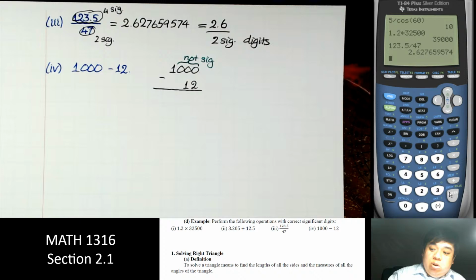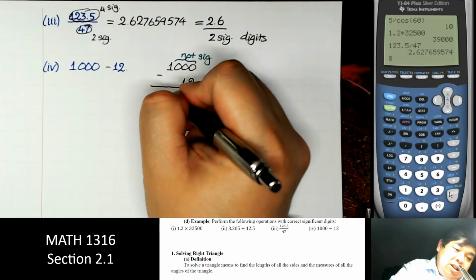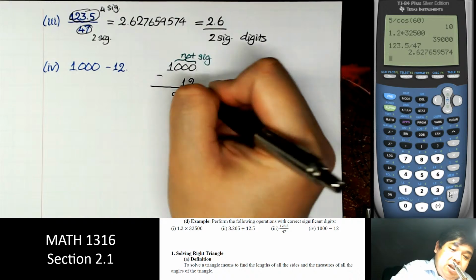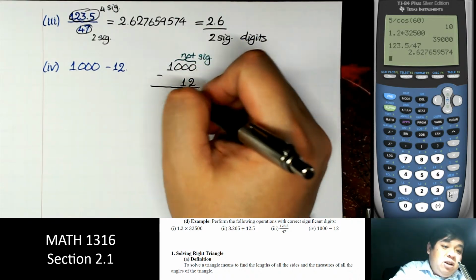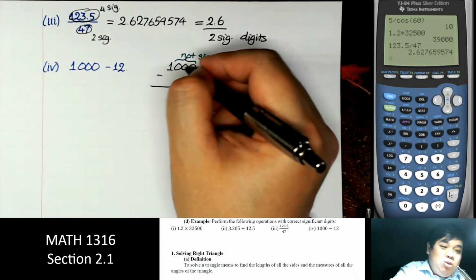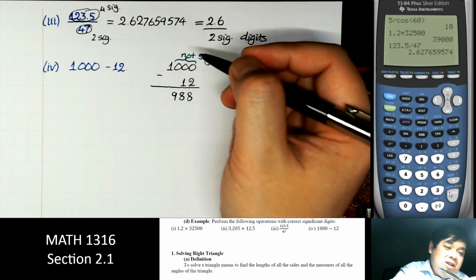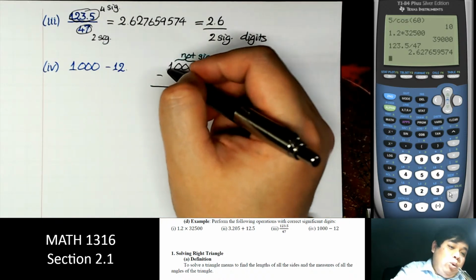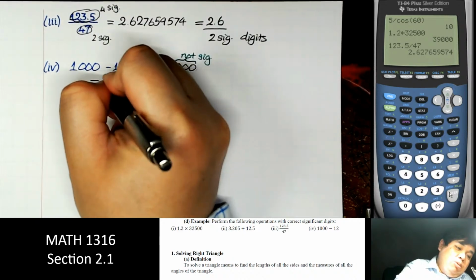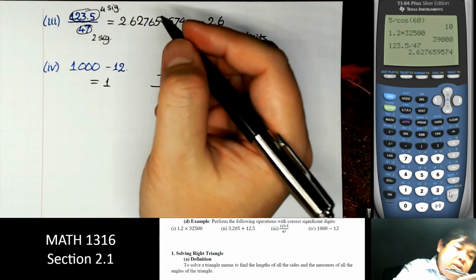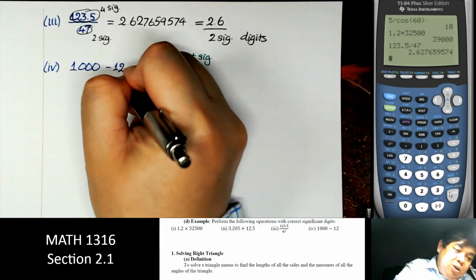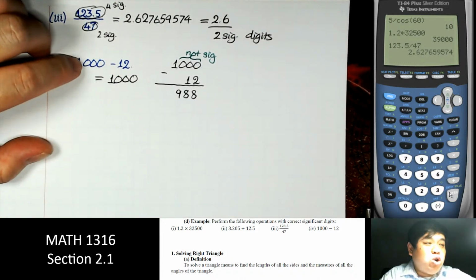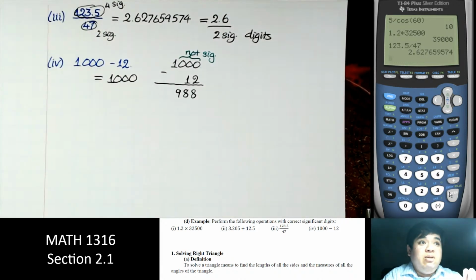So when we subtract, that is 988, but none of these three digits are significant. So when we do this, it's just rounded to 1000. The 12 actually doesn't do anything because we're not sure whether the three zeros here are significant or not.